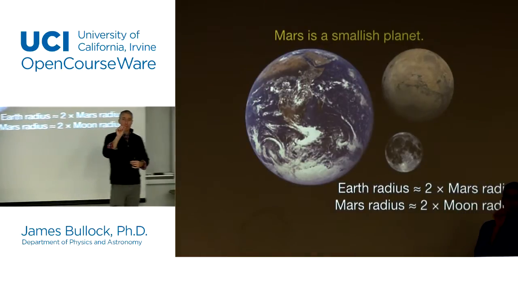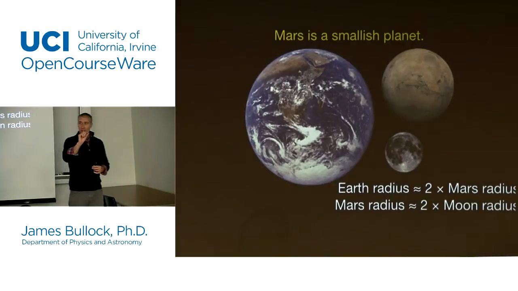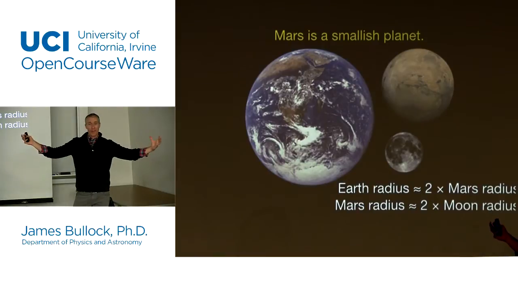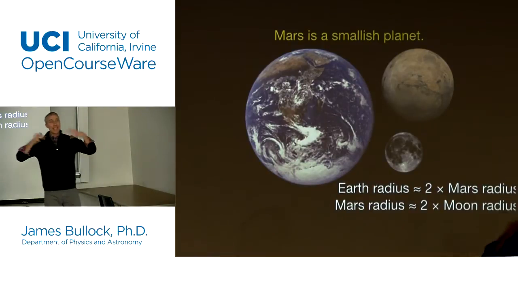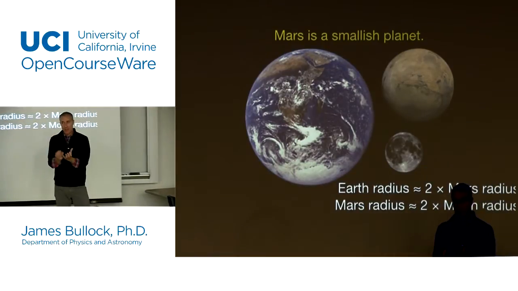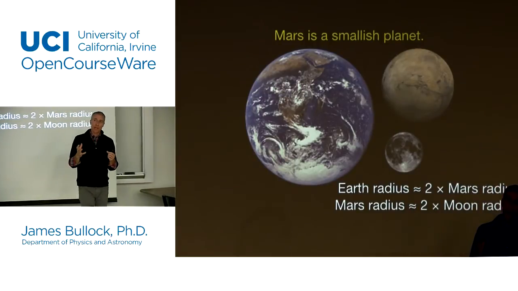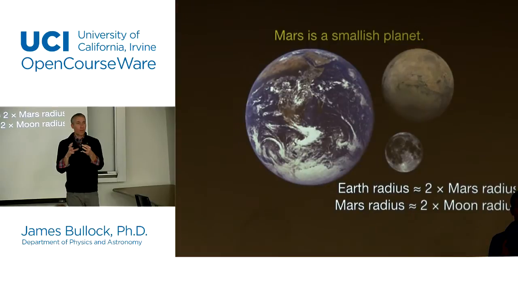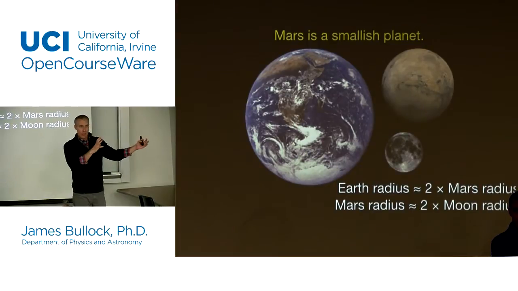If you have a very small sphere, a larger fraction of it is covered by its surface area compared to a larger sphere. When heat is leaking out of a planet, it's leaking out of its surface, so smaller planets have a larger surface relative to their volume than larger planets.